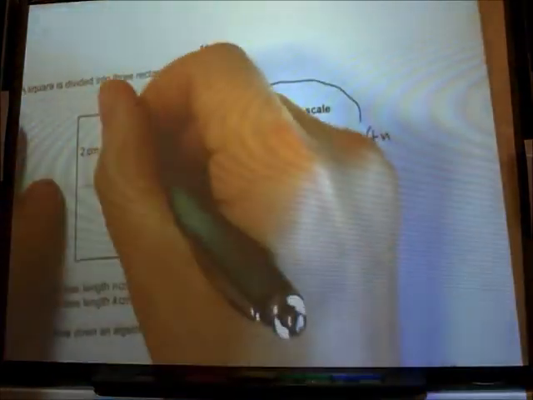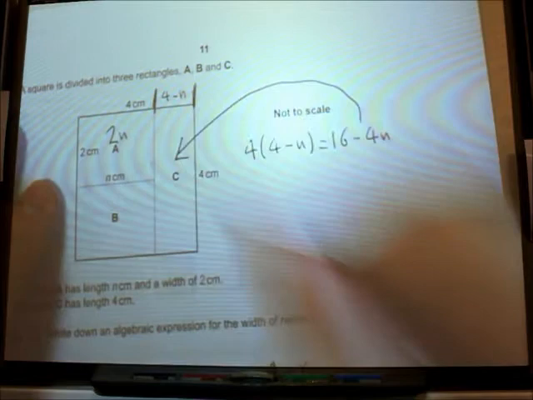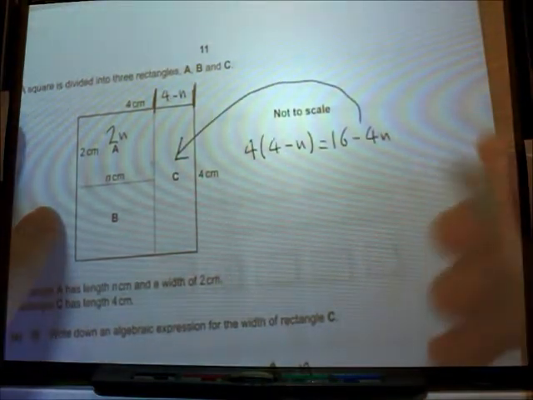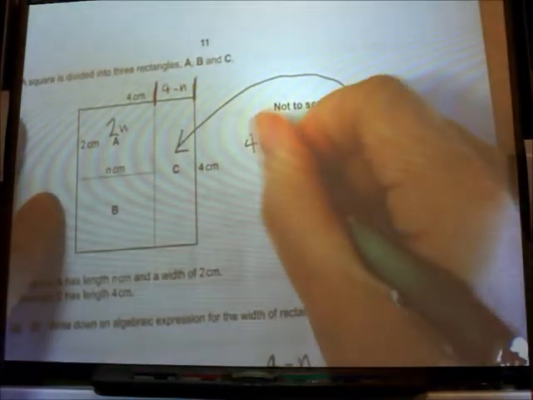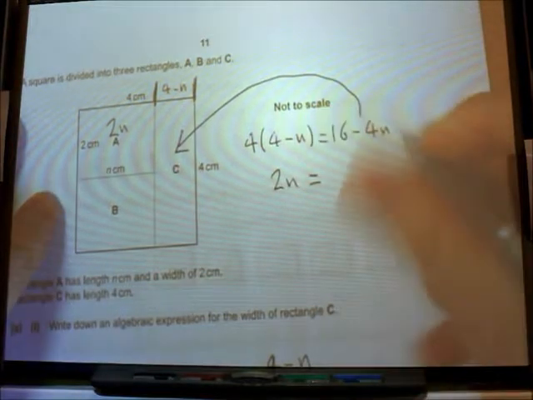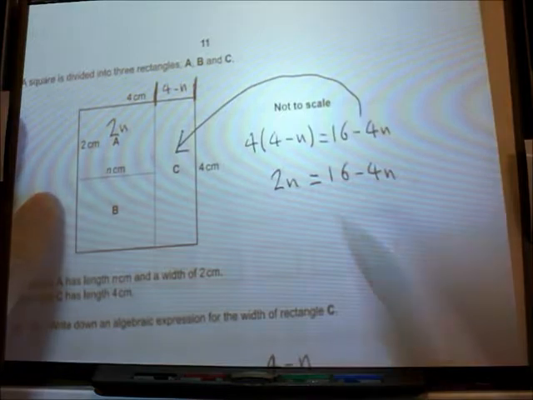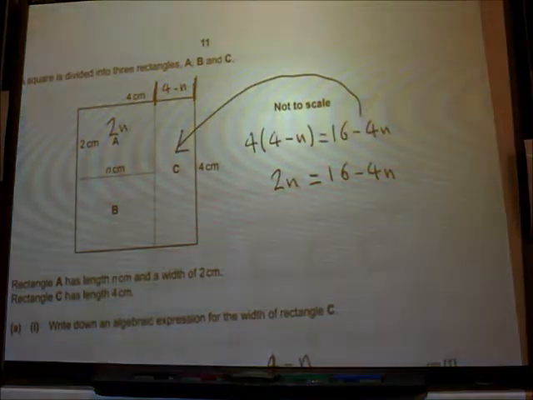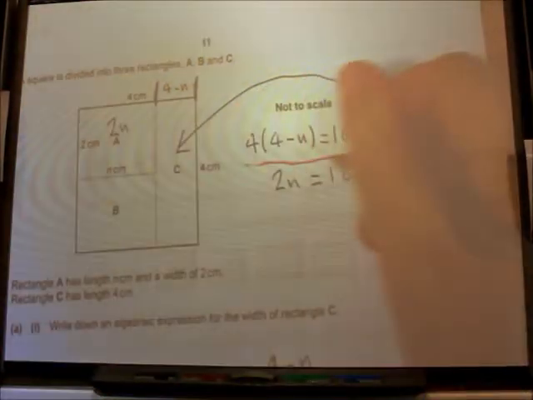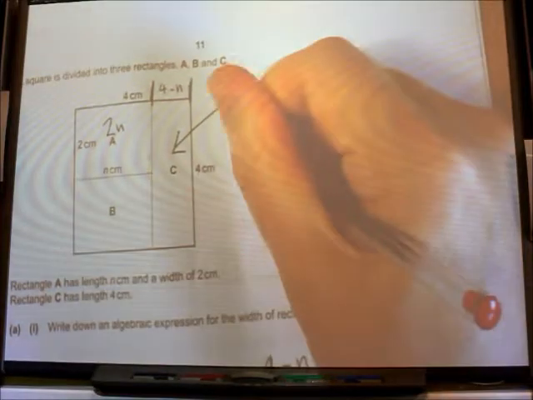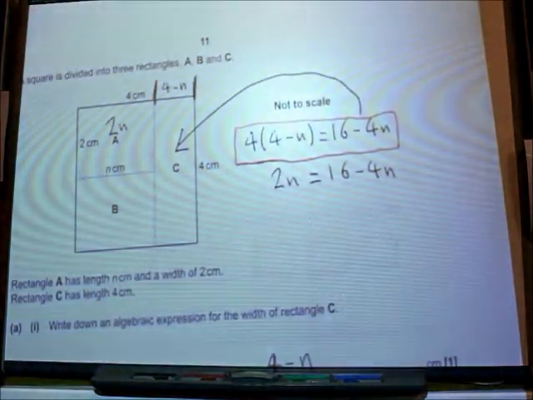And the area of this rectangle is 2n. And because they're the same, we're allowed to write 2n equals 16 take 4n. And now we've got an equation. All we need to do is solve it. Just put a little box around that to show it's slightly separate from what we're doing now. So we're going to solve this equation.